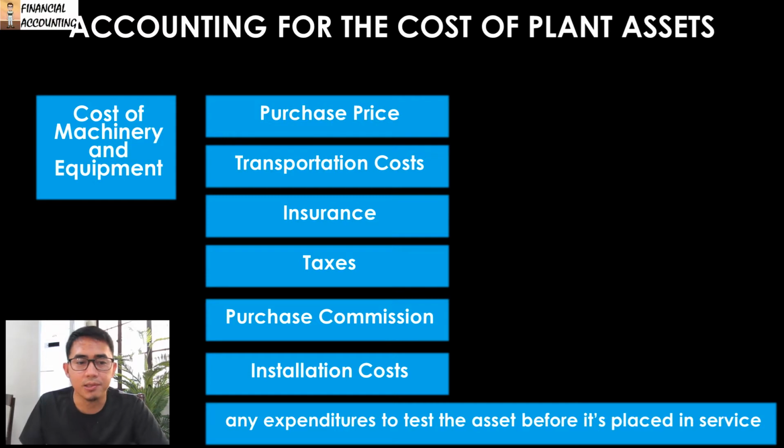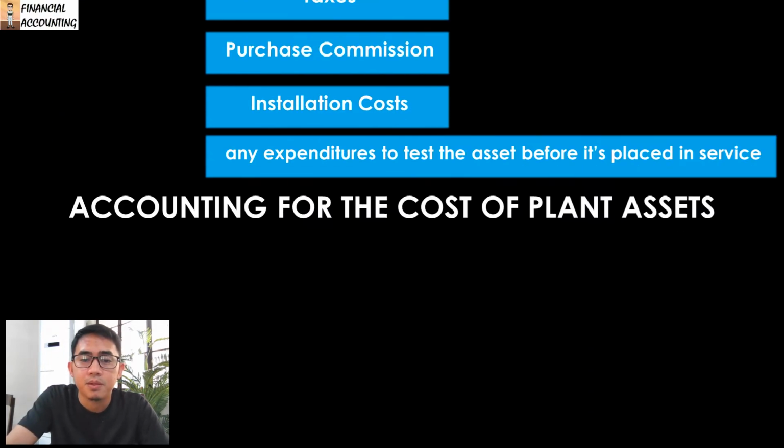You have CPU, monitor, UPS, and if you paid somebody to install those, that is part of the cost. Another example, if you still purchase the operating system because the computer does not have one, or installed software like Microsoft Office, those are part of the cost of the computer. And any expenditures to test the asset before it's placed in service. Okay.